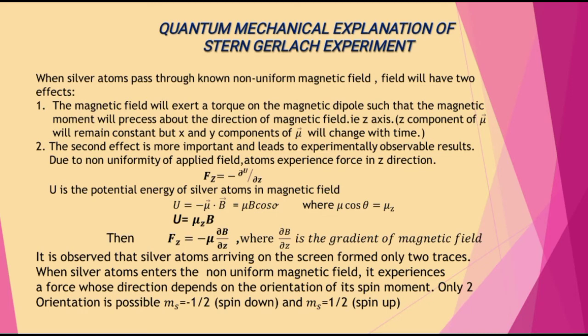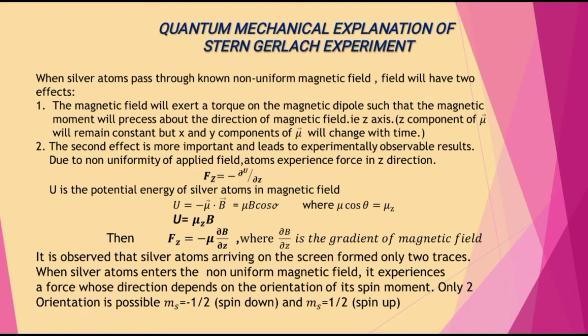The Z component of the μ vector will remain constant, but the x and y components of the μ vector will change with time. In the second case, the second effect is more important, and this effect leads to the experimentally observable results of the Stern-Gerlach experiment.